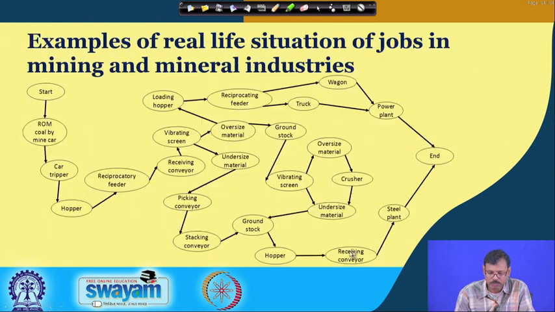So, this is one full example we have discussed as the conclusion of this critical path method analysis of the network. Now, let us see some examples of networks in mining and mineral processing.